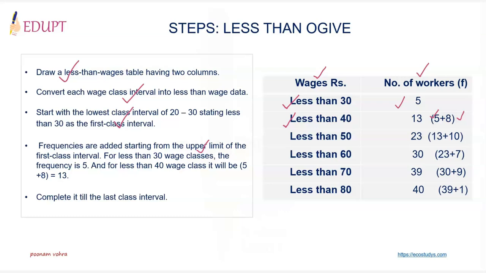So on this would be 13, which means that 13 workers get wages less than 40. Similarly, one can find for all the subsequent class intervals till less than 80, and we find that 40 workers get wages less than 80.